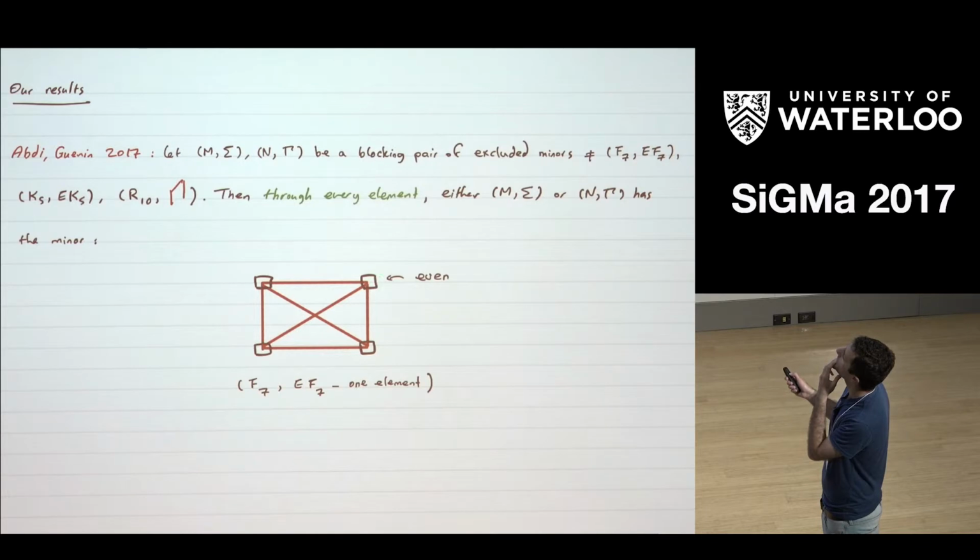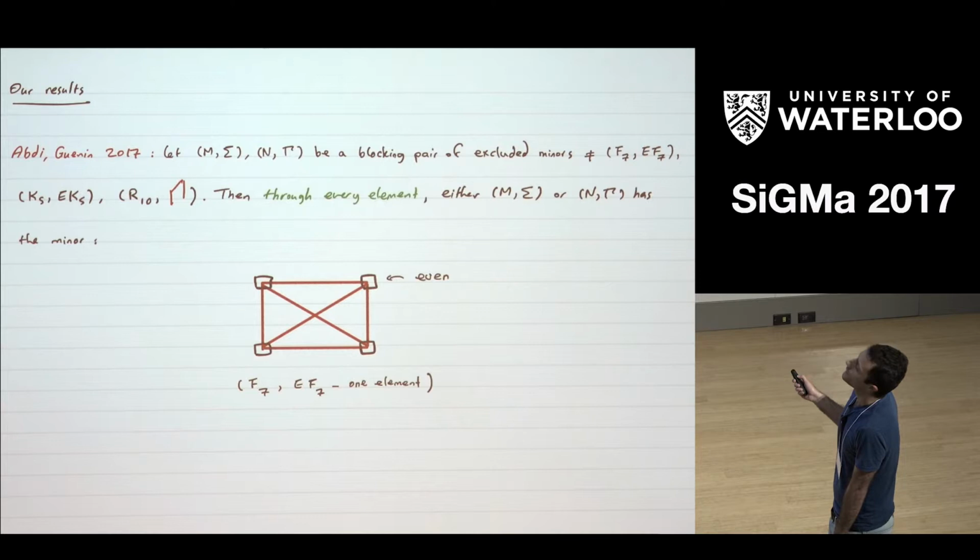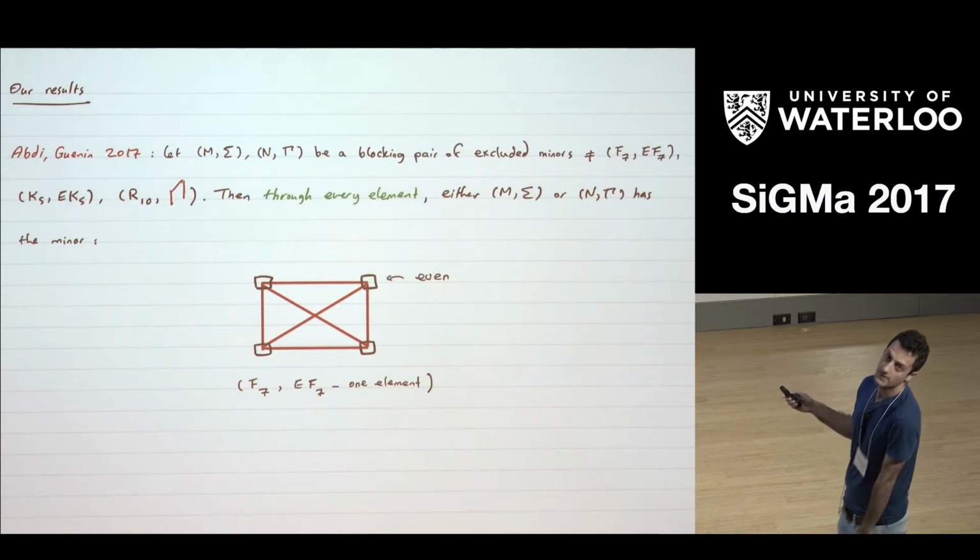So here you could just pick the element to be the T set. To repeat the result: if you give me a blocking pair of excluded minors different from the three you already know, through every element in one of the two, you can find this minor. And to prove the conjecture, all you need to do is turn the parity of that last edge from even to odd. And then you'll be done.